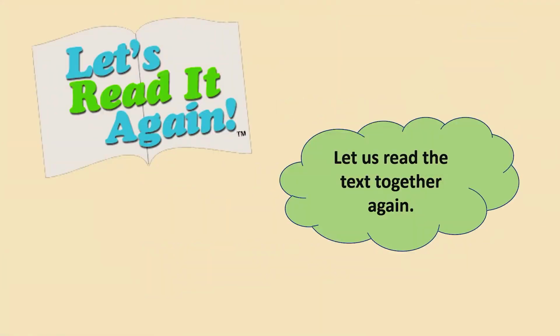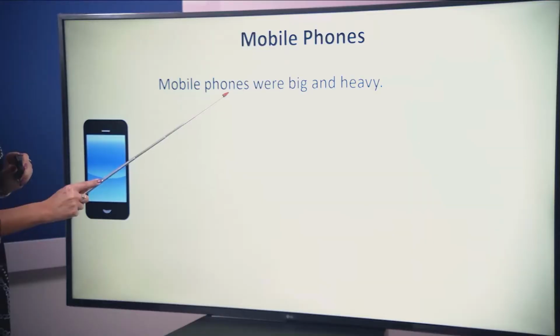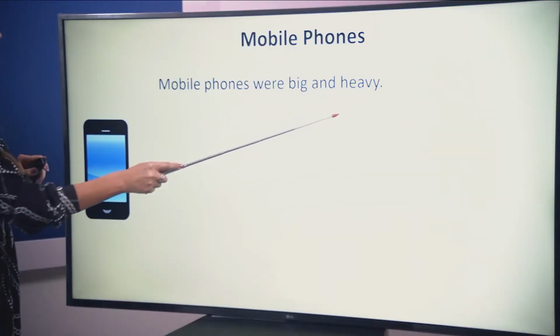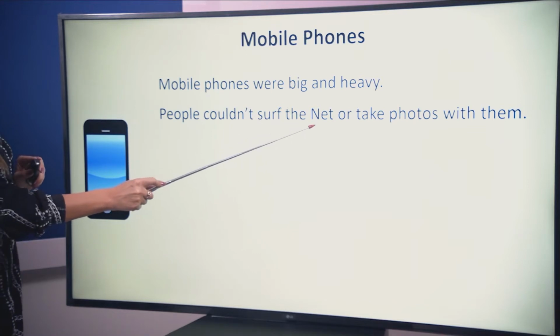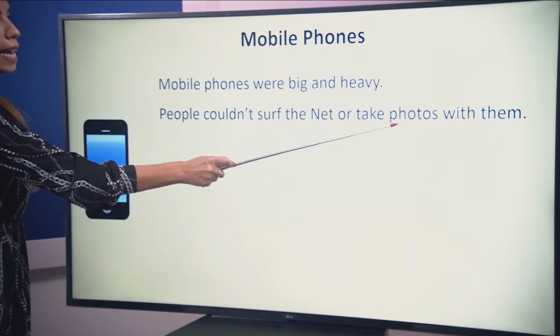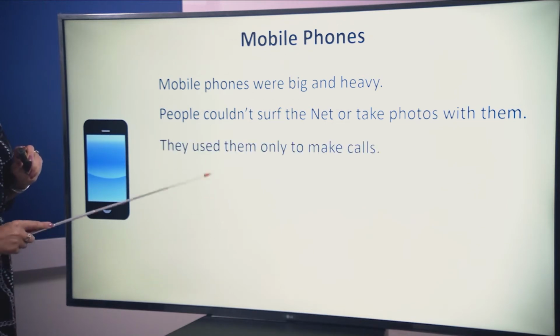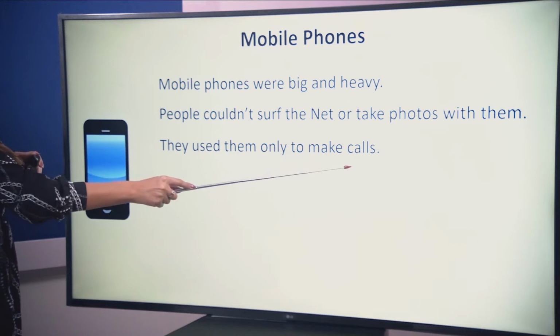Okay, what about we read the text one more time, and this time I need you to repeat after me. Mobile phones were big and heavy. People couldn't surf the net or take photos with them. They used them only to make calls.